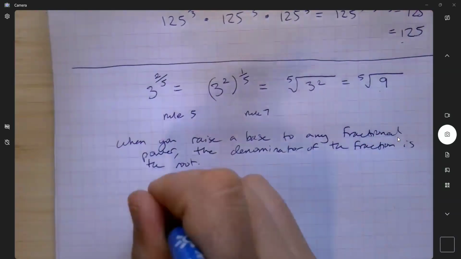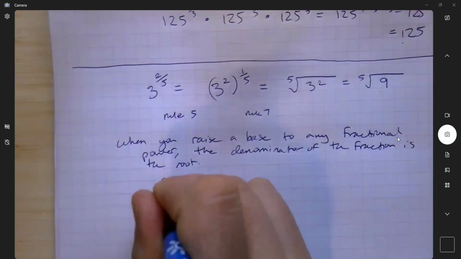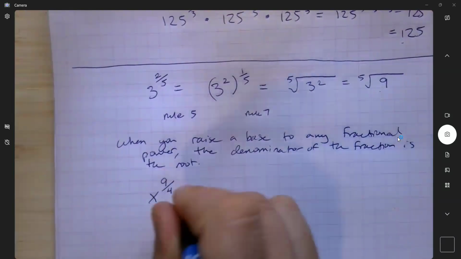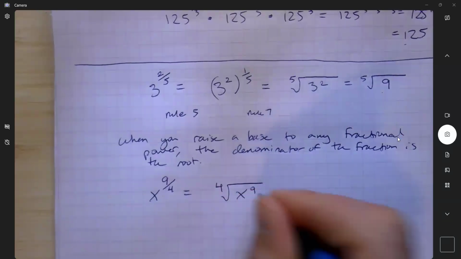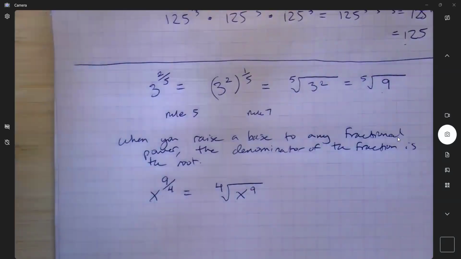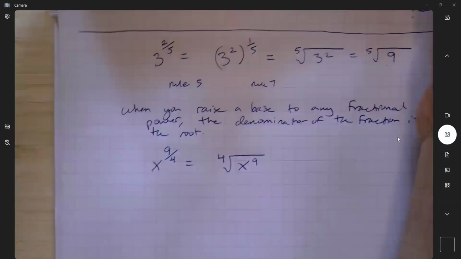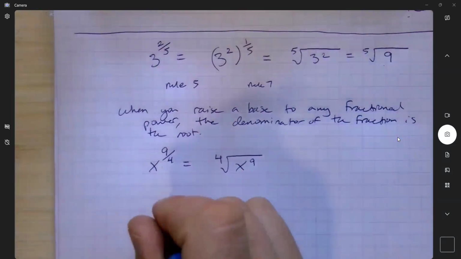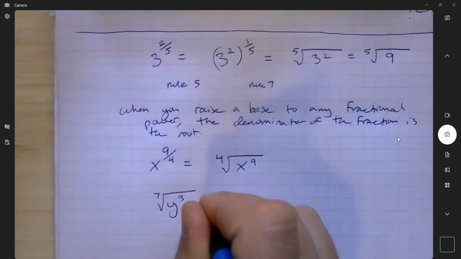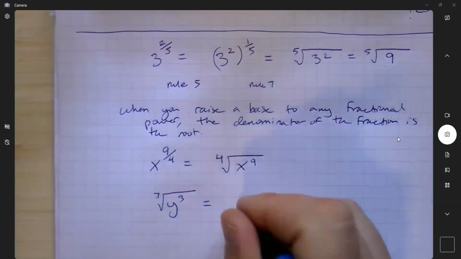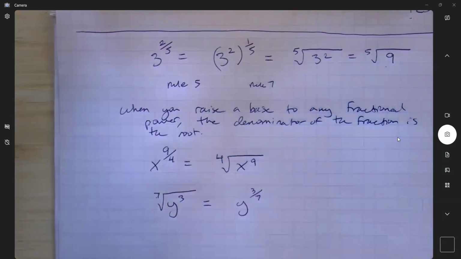So for example, if I do x to the 9/4, the denominator of the fraction is the root, so it becomes the 4th root of x to the 9th. And I can work that the other way as well. If someone were to give me something like the 7th root of y cubed, the root number is the bottom of the fraction, and I get y to the 3/7.